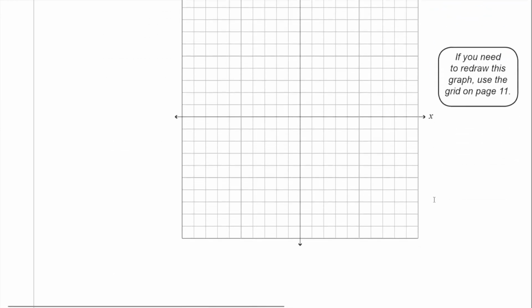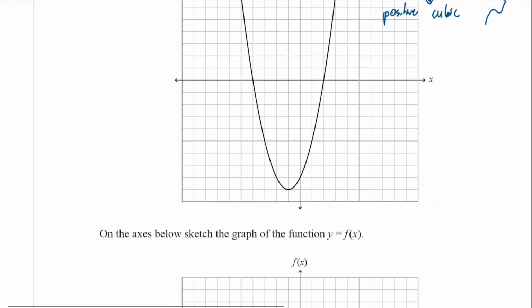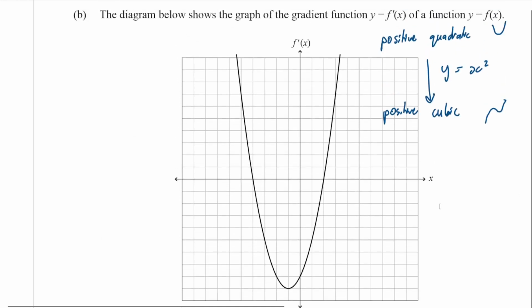Now, we can't just go whack it on anywhere we like. There's a few key points we need to look out for. So, from the gradient function, the x-intercepts, so that's at -4 and +2, they have a y value of 0.